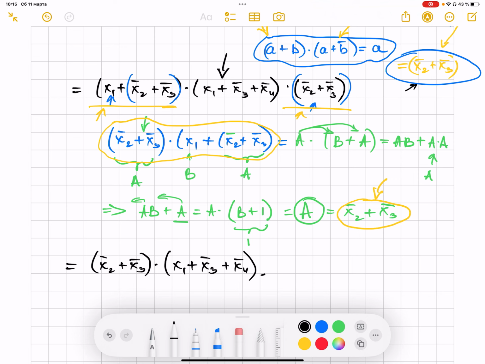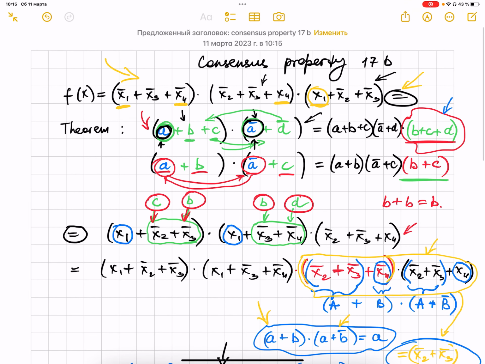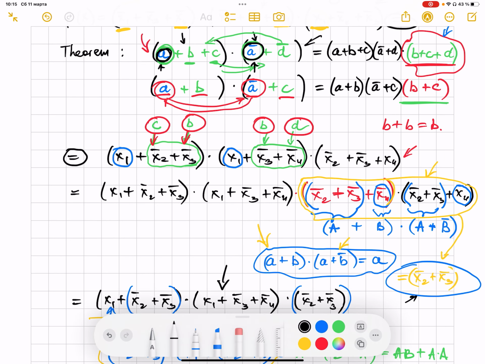Yeah, this is the end. This is the minimum product of sums, and this is how you can use the consensus theorem. Initially it was a little bit difficult to see how to minimize it, but once we used the consensus theorem and added this expression, x2 bar plus x3 bar plus x4, to the function, our life became easier.